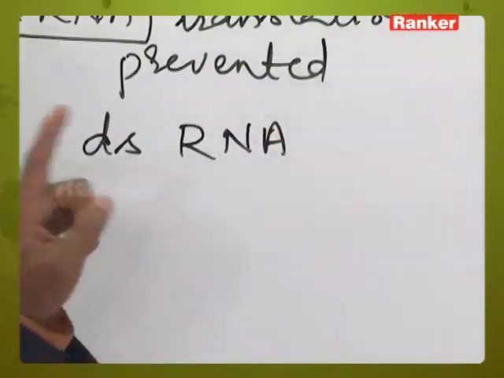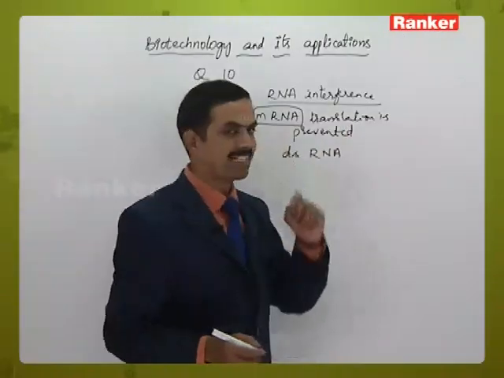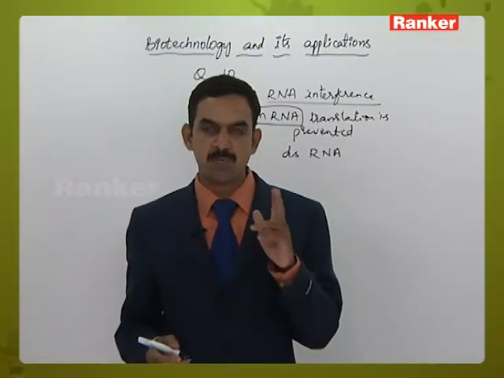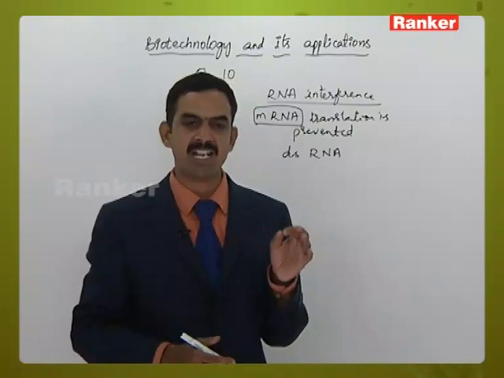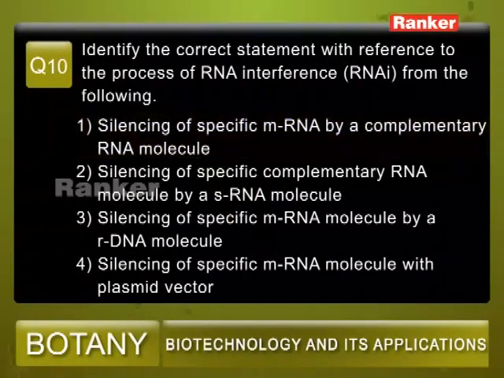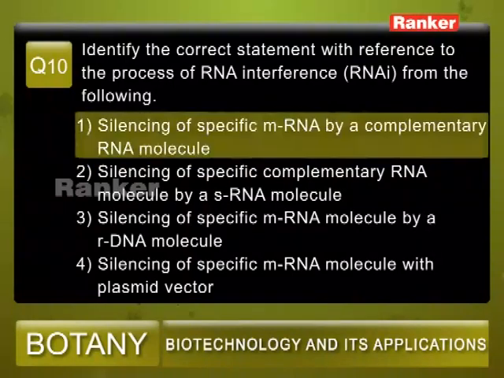When double stranded RNA is formed, it does not help in the translation process. So that silencing of specific mRNA by a complementary RNA is called RNA interference. So question number 10, the correct answer is 1.